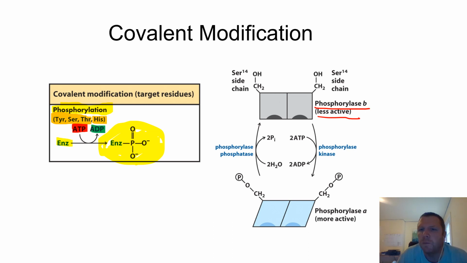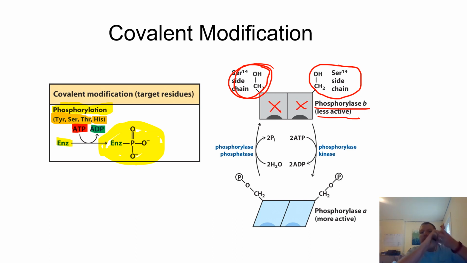But phosphorylase B is inactive whenever the serine residue number 14 on its dimer, well, it's a dimer, so it's two identical copies of the protein that dimerize together. Each one of them has a serine at residue number 14. Now, each of those serine number 14s are not phosphorylated, okay?